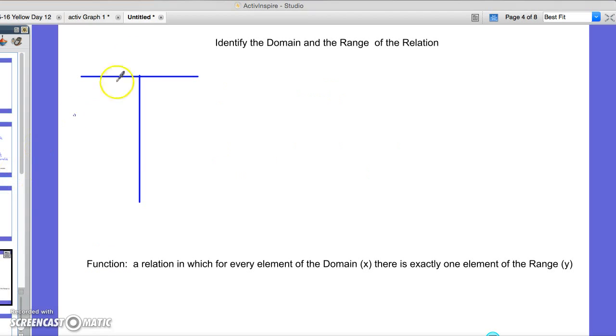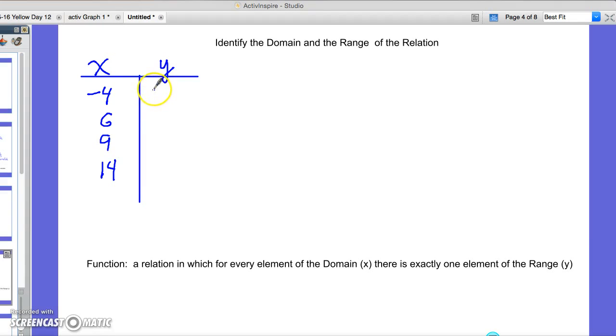Okay, if we go on, I'm going to give you another relation. Here's x, here's y. And let's just put in any numbers for x, maybe -4, 6, 9, 14. And let's pick numbers for y.